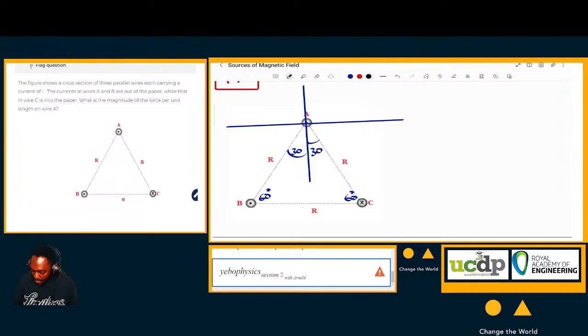So B will have a tendency to move that way, whereas A in this direction. And then how about due to C? It's going to be a repulsion. C would move in this direction, whereas at this point the force would be in this direction.